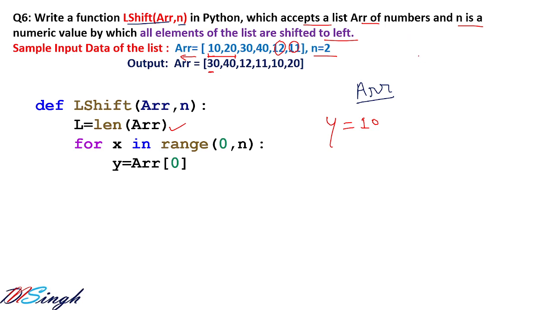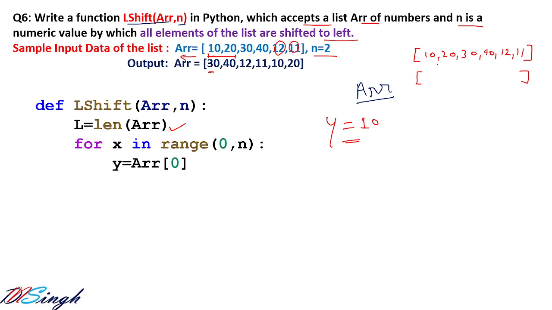Now once we have done this, our job is to move all these elements one position left. So I will write here the list itself, like 10, 20, 30, 40 and 12, 11. So this is our original list. For now, what we have done, we have taken this 10 inside a temporary variable. Now our job is to shift all those elements one position to the left.